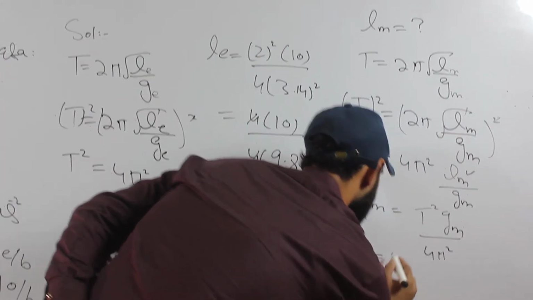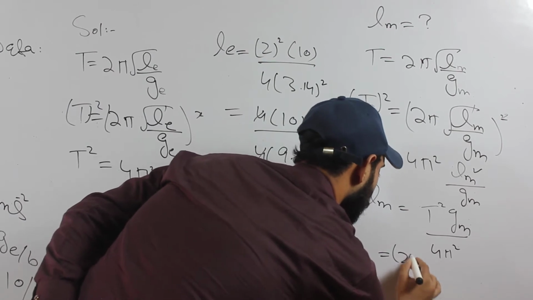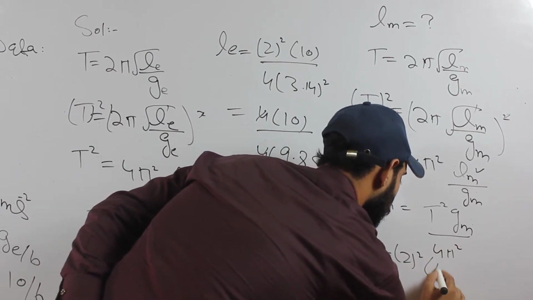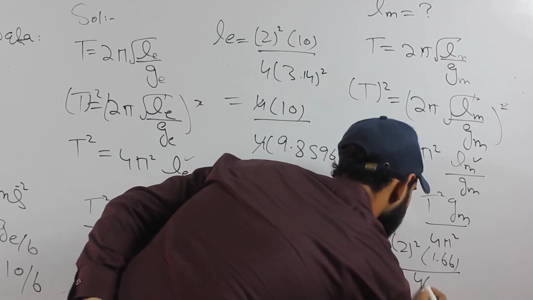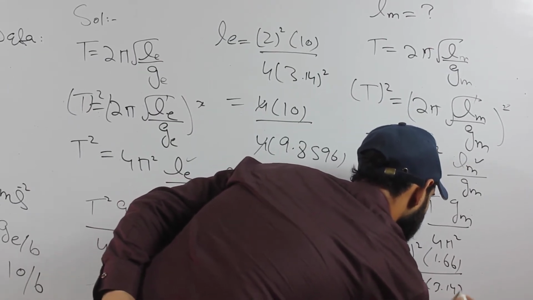So simple, we have to put the values again here. 2 square, Gm value is 1.66 over 4 times 3.1 square.